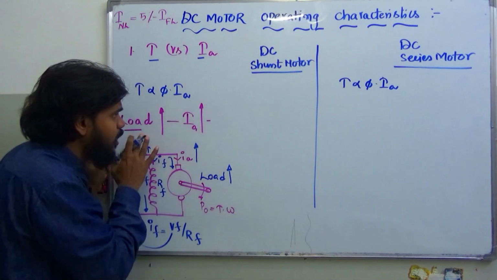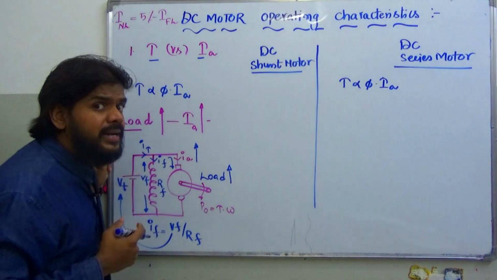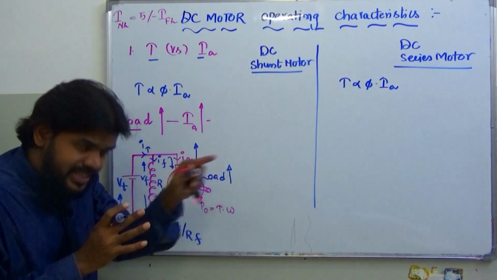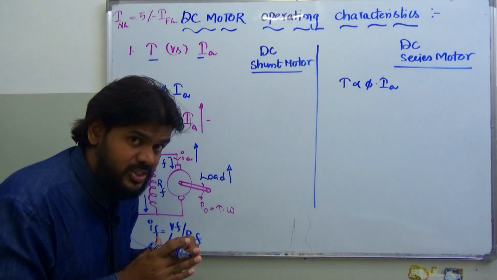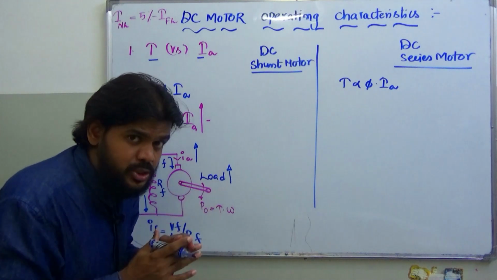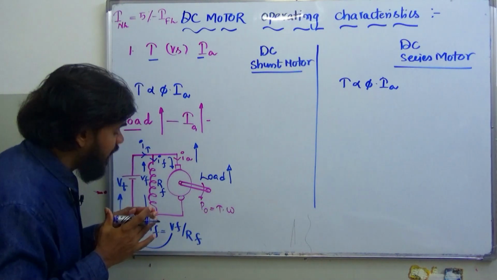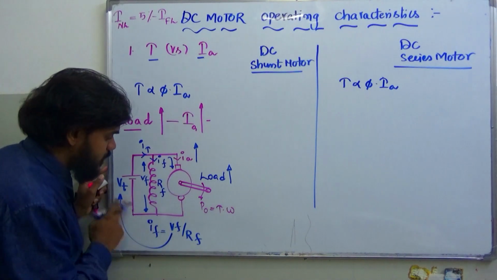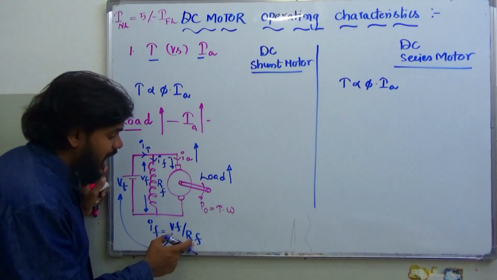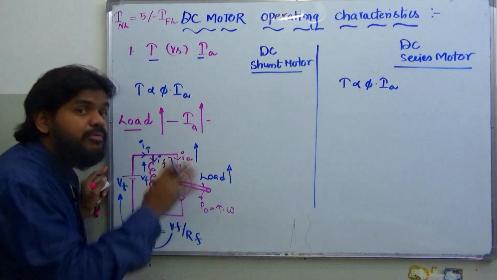When the load is increasing, the supply is consistently applied at rated voltage. So Vt is always constant, Vf is constant, and Rf is constant. So If will remain constant.